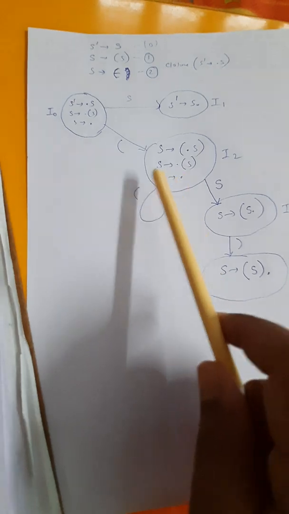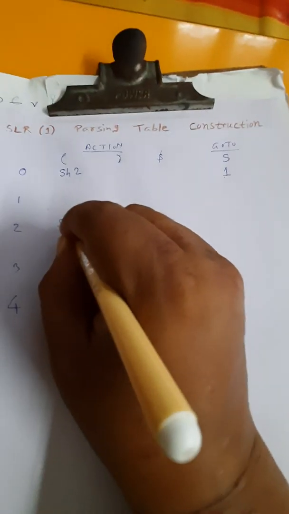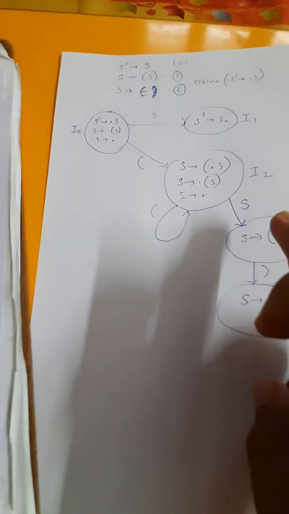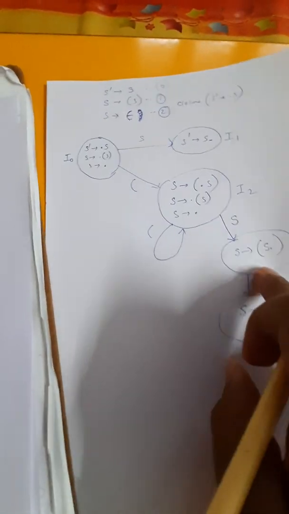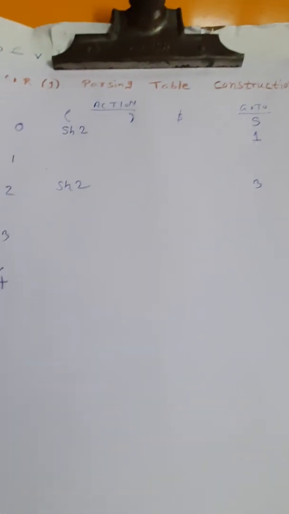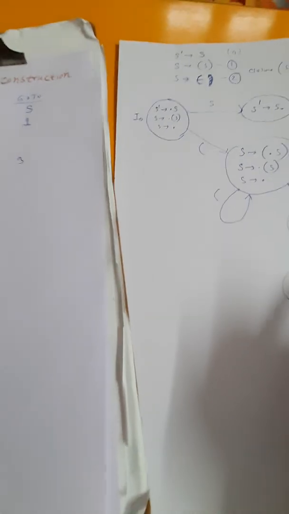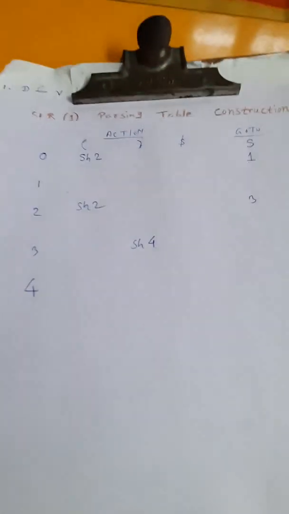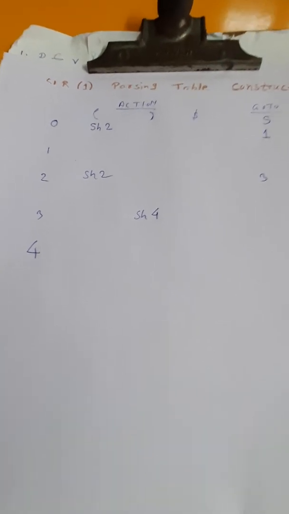From 2, open brace to 2, and by S to 3. Next, from 3 only closing brace to 4, and from 4 nothing is there. So these are just the shifts.